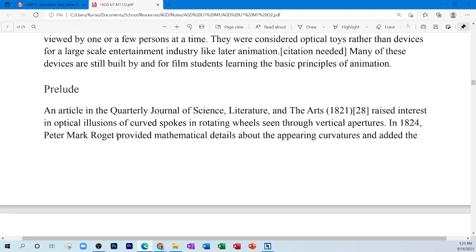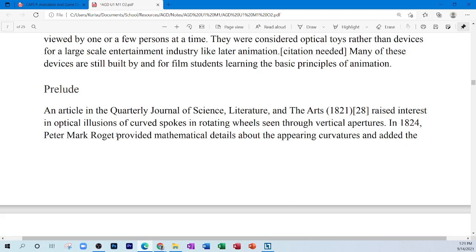Prelude. An article in the Quarterly Journal of Science, Literature and Arts, 1821, raised interest in optical illusions of curved spokes in rotating wheels seen through vertical apertures.